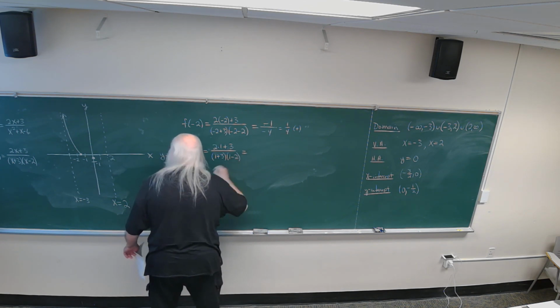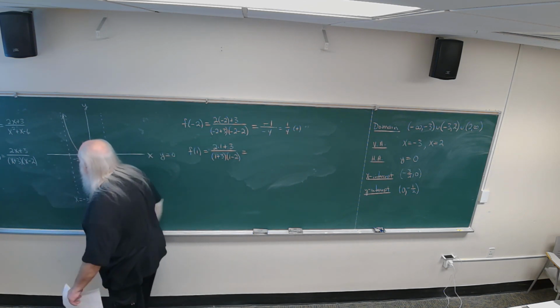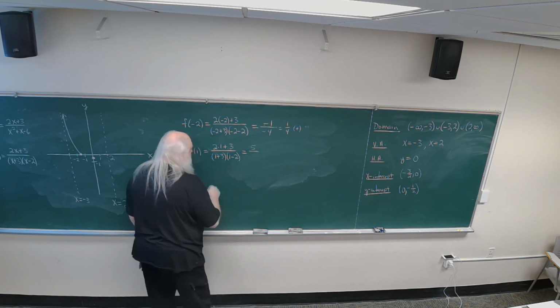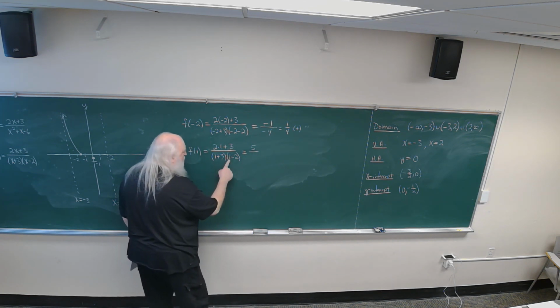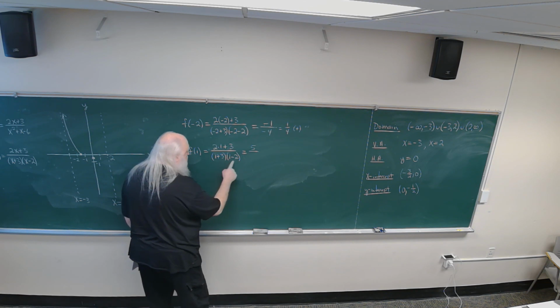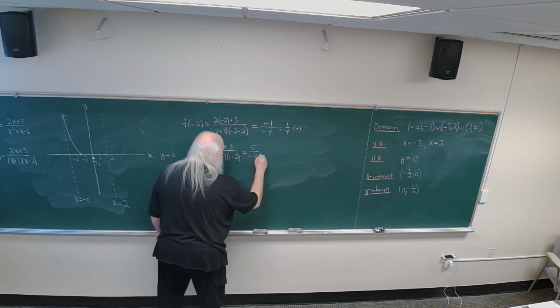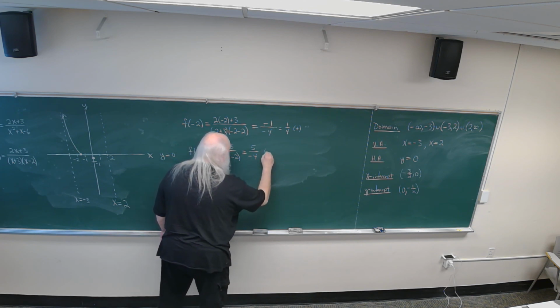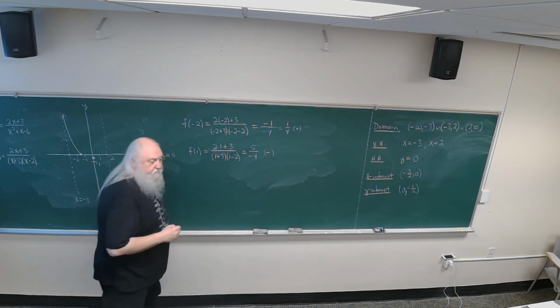I'm using the factored form here again. Okay? And so we get 5 in the numerator. 1 plus 3 is 4. 1 minus 2 is -1. 4 times -1 is -4. And 5 divided by -4, right, is negative.